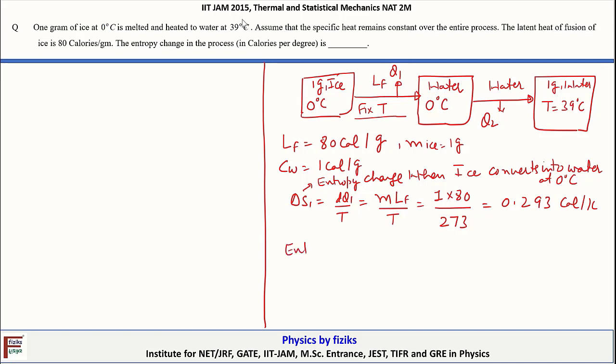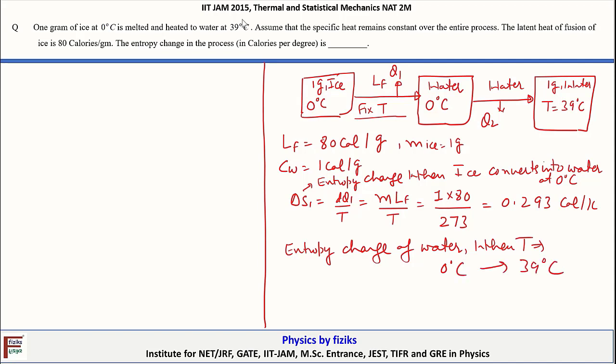Now similarly, delta S2 is the entropy change of water when the temperature changes from 0 degrees Celsius to 39 degrees Celsius.